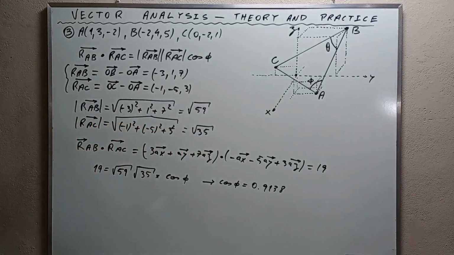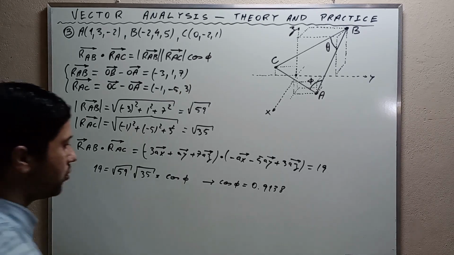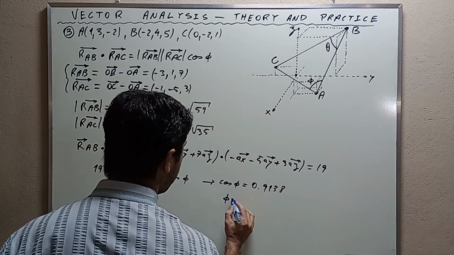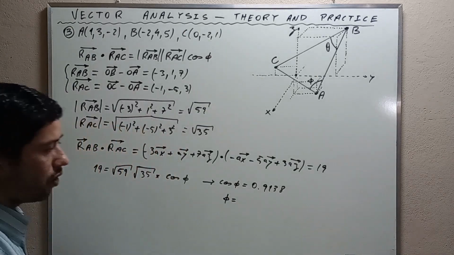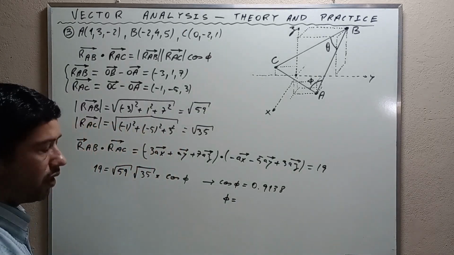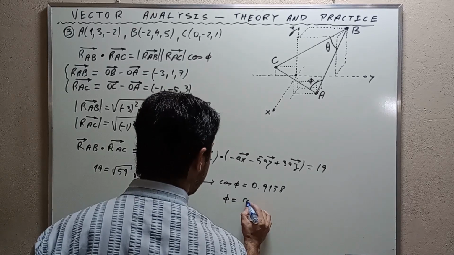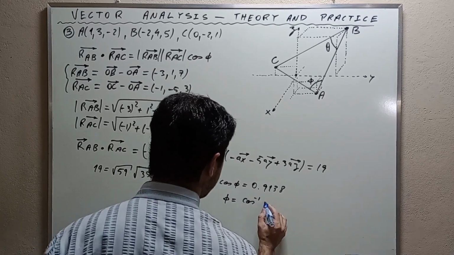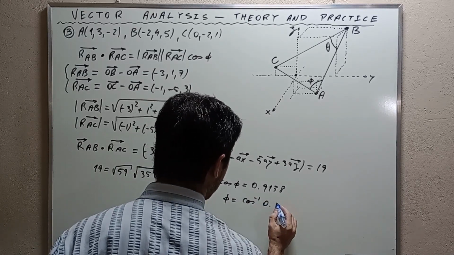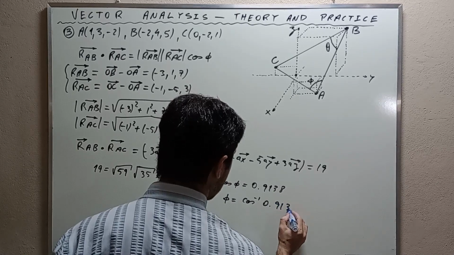But we don't want the cosine, we want the angle. How do we find the angle from the cosine of the angle? We use the inverse cosine. The angle is therefore equal to the inverse cosine of 0.9138.